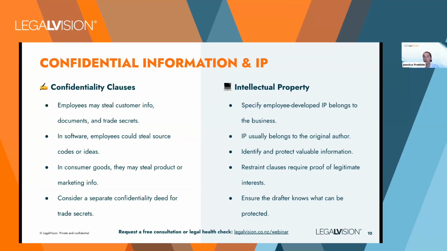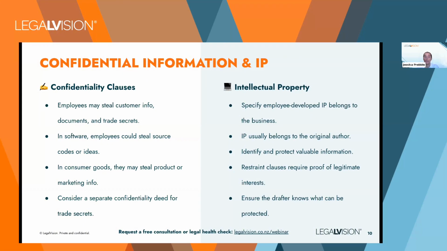In the case of consumer goods companies, employees may steal product ideas, information on product launches, and the marketing strategy. If your business relies heavily on trade secrets to drive income, you should consider making your employees sign a separate confidentiality deed. Think the KFC secret kernel recipe. That's what I always think of when I think of that trade secret.